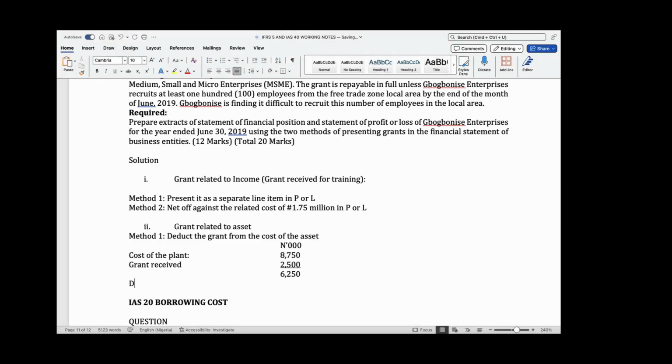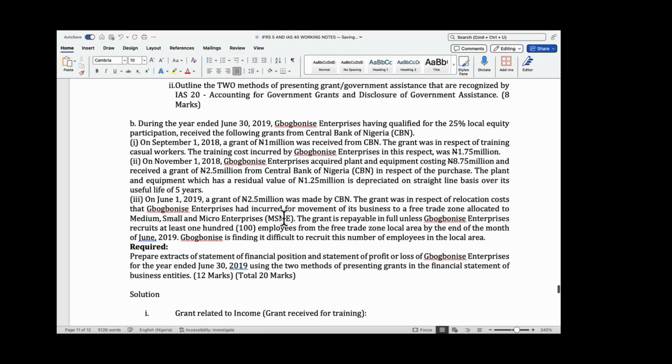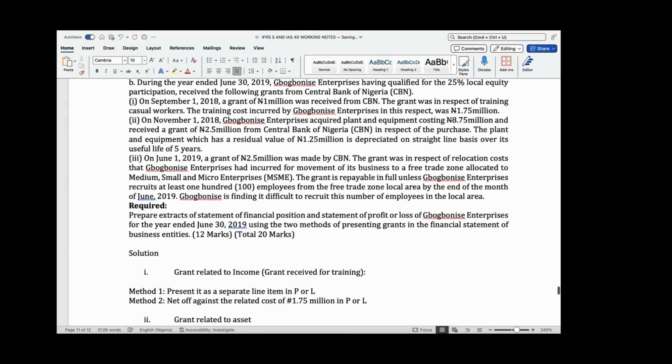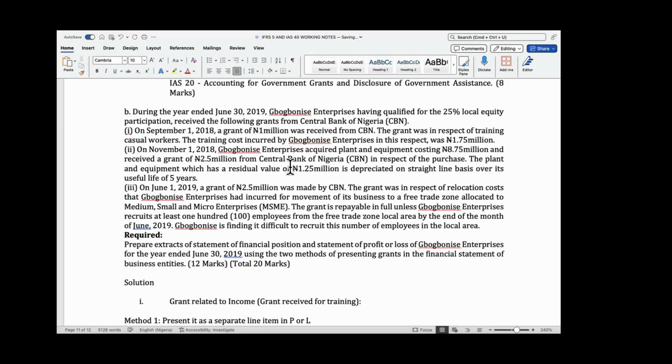In this case, it will impact our depreciation per annum. What's the useful life of these assets? 5 years. And there was a residual value of 1,250,000.